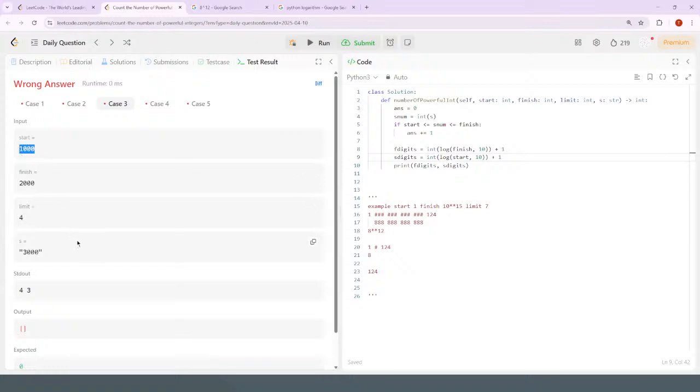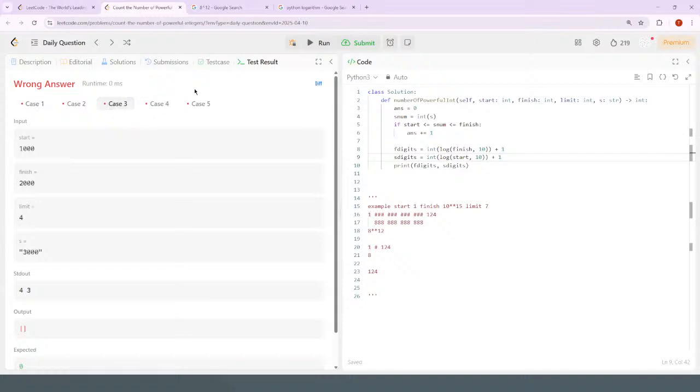So shouldn't this be printing out 4? Oh, what is going on? Start log base 10. This is 10 to the third, first, second, third, +1. That's the right number of digits.